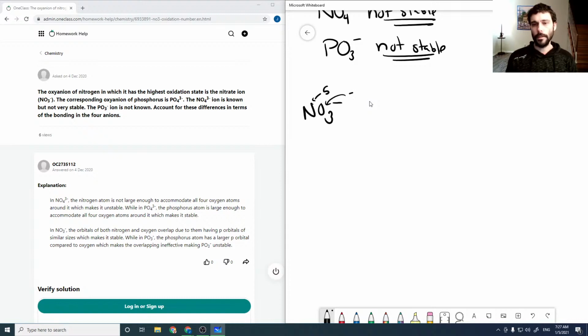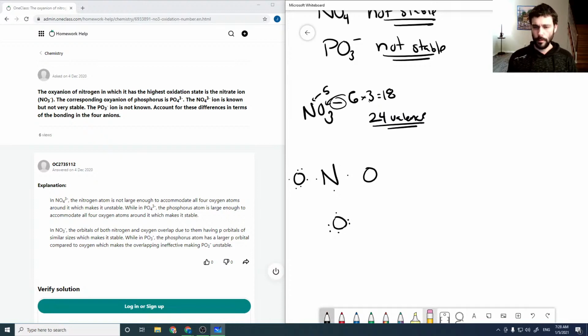We have 6 valence electrons times 3 for oxygen, which is 18. 18 plus 5 is 23, but we can't forget the negative sign, so we get 24 valence electrons. So you've got N, O, O, O, just putting in the typical valence here.